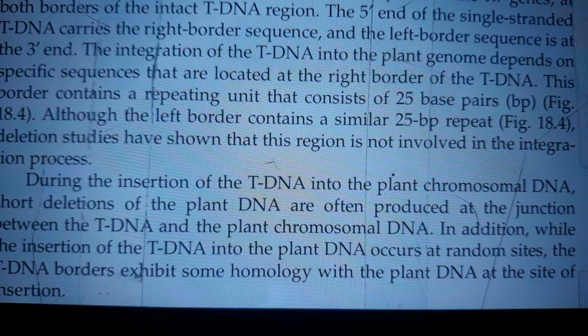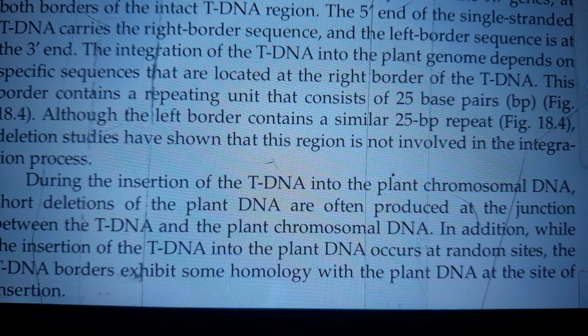The formation of the single-stranded form of the T-DNA is initiated by strand-specific cutting by an enzyme encoded by one of the vir genes at both borders of the intact T-DNA region.